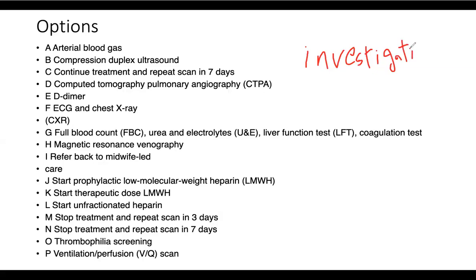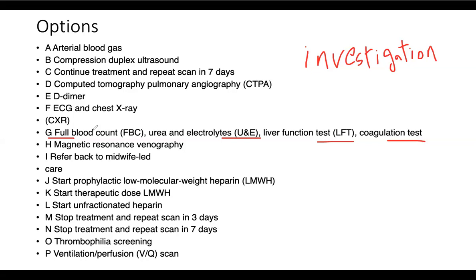What investigations are recommended in the guideline? Full blood count, urea and electrolytes, check the kidney function, check the liver function, and the coagulation test. Why? Because simply, if this lady had a prolonged APTT or PT, can I give her low molecular weight heparin safely, for example?